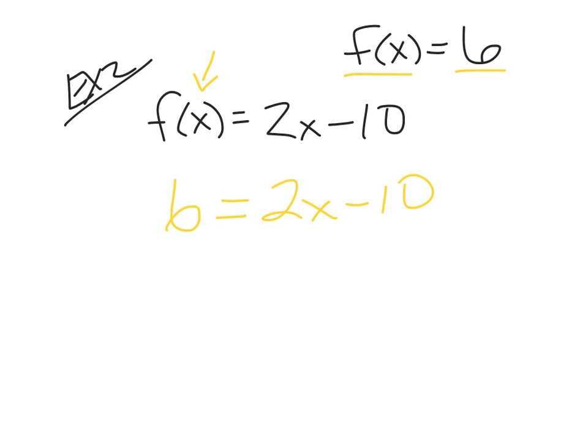You see the difference? So then I'm just going to add 10. So I get 16 equals 2x. Then I divide by 2. So what does my x equal? 8.